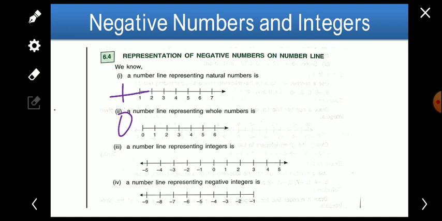But here, if we have to represent only the natural numbers, then we will put only the natural numbers on the number line. So this line is representing the natural numbers. That's why it has been started with 1, then it continues: 1 2 3 4 5 6 7 like this and so on.